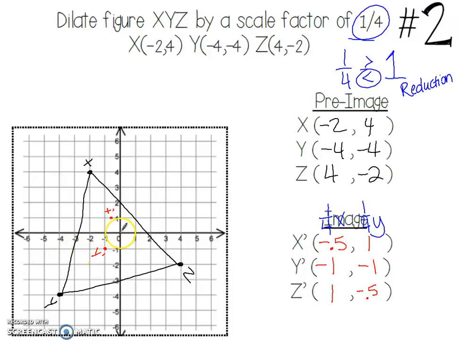Start at the origin, right 1, down a half. That is my z prime. And there is our scale factor reduced image. Any questions? Okay. If you do have questions, text me or email me.